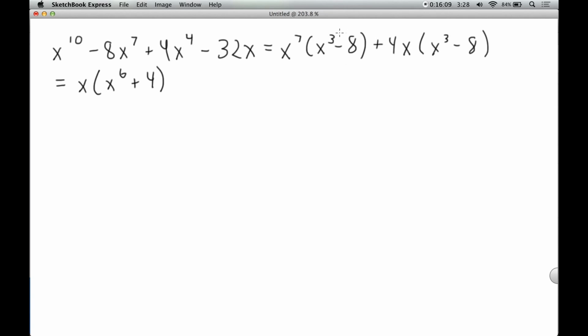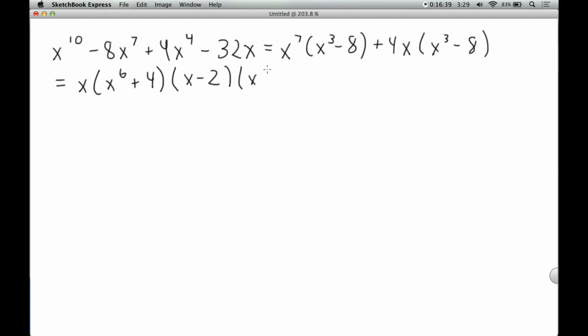But the real thing we can factor here is this x cubed minus 8. That is a difference of 2 cubes, which we looked at in the higher degree binomials video. So this is a cubed minus b cubed, which the formula for that is a minus b, where a is x and b is 2, so it's going to be x minus 2, times a squared plus ab plus b squared.